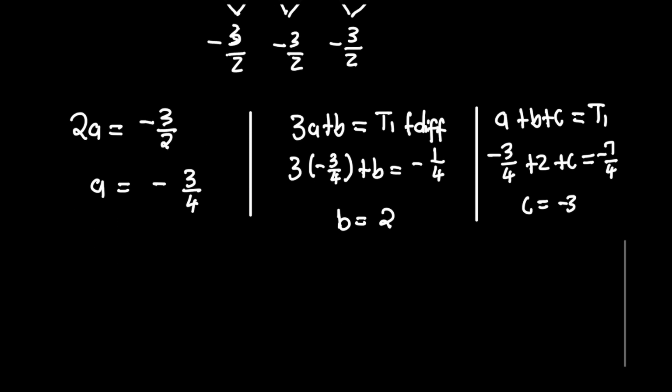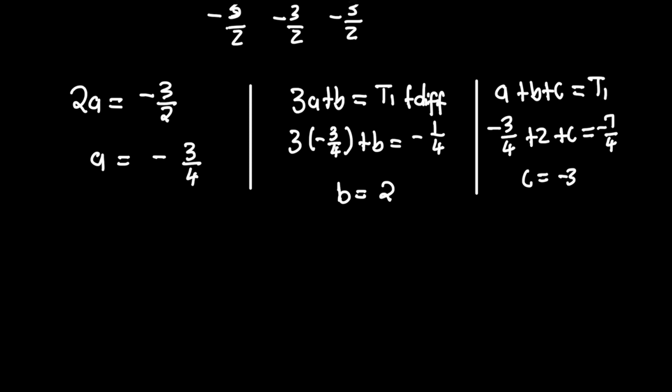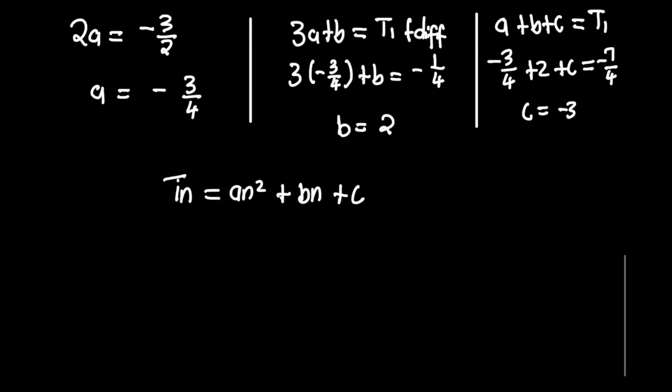The reason why I'm doing this is because the general nth term is as follows: an squared plus bn plus c. So I had to find the variables so that I will have my nth term. Now I'm just going to substitute the variables where they are, and thereafter we will have our nth term.